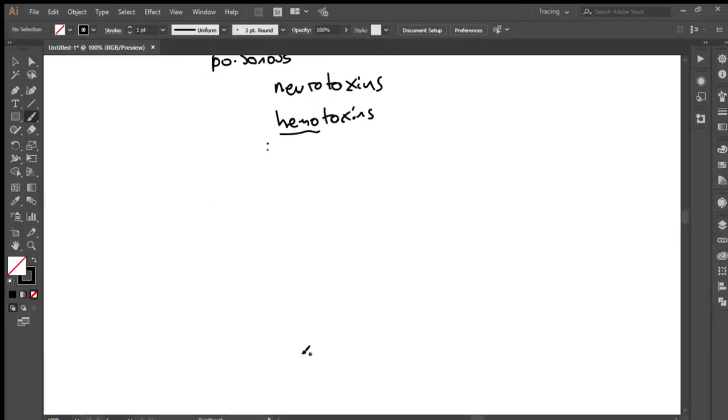So now let's move on to order Testudines. These are the turtles and tortoises. What's the difference between a turtle and a tortoise?